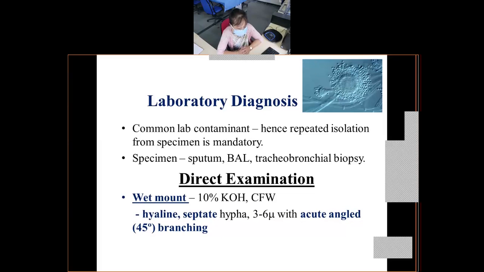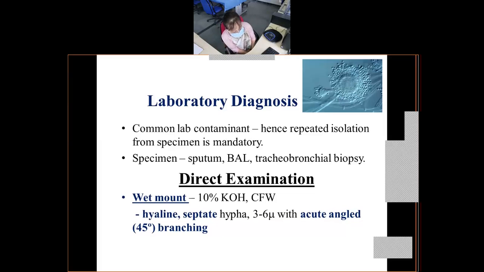So there are many samples which you can collect depending on the manifestations. The easiest thing we can do, when we get a clinical sample, is put it in a 10% KOH mount, or we can use calcofluor white. This is a fluorescent dye; if you have a fluorescent microscope, you can easily use calcofluor white and observe the fungus under the microscope.